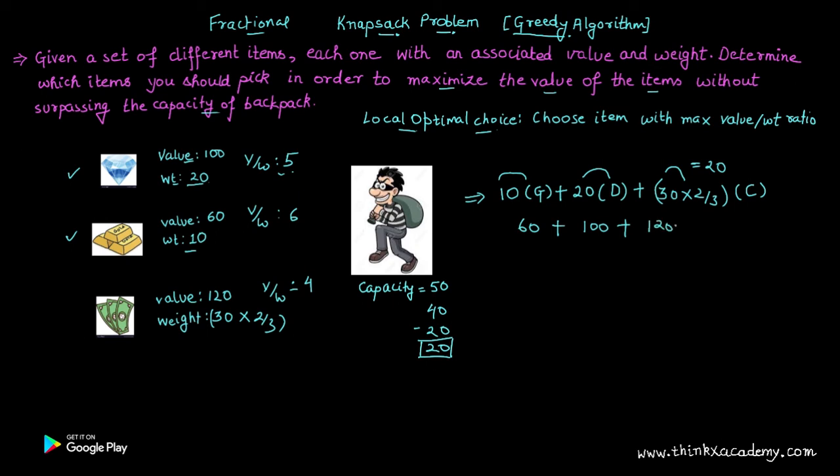So 120 into 2/3 gives us 240. So 240 is the maximum value of items which this thief can take without surpassing the capacity of the backpack.